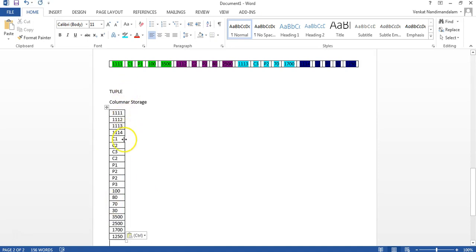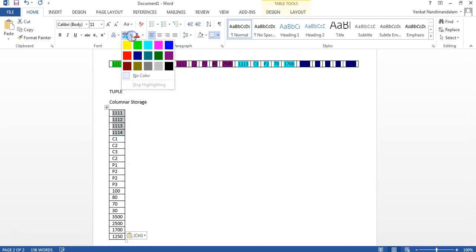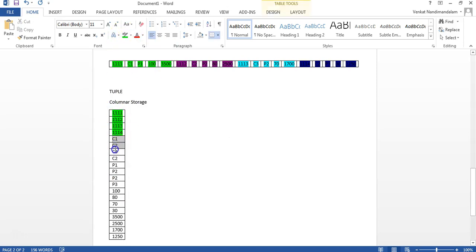So this is one tuple, and this is the next one, and the third one, the fourth, and the fifth.